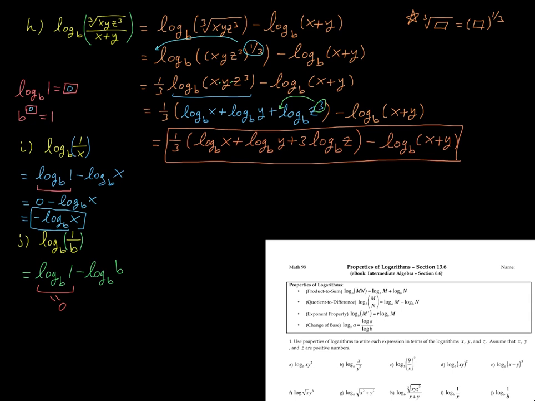What about this logarithm, log base b of b? Well, b to what power is equal to just b? That would be b to the first power is equal to b. So this is actually equal to 1. So when all is said and done, I get 0 minus 1, and that's -1.